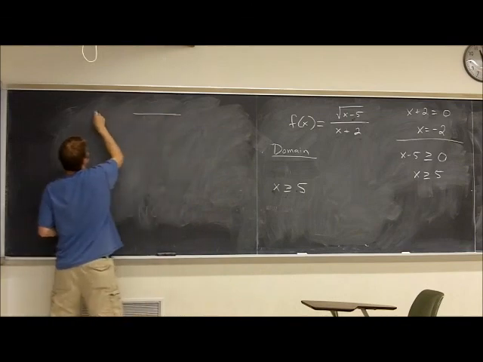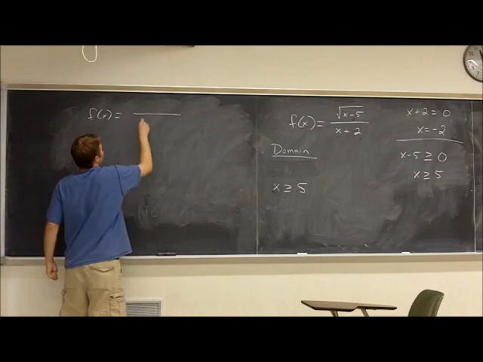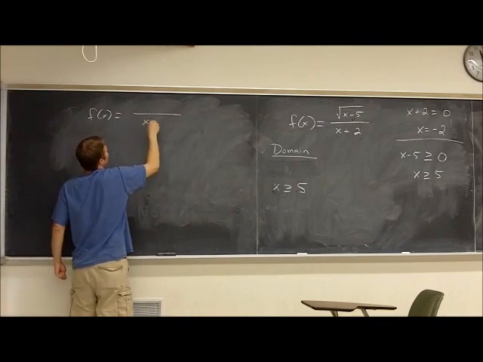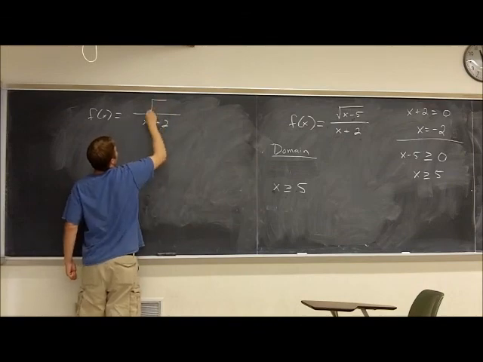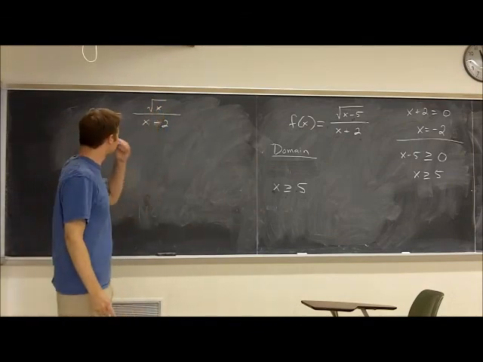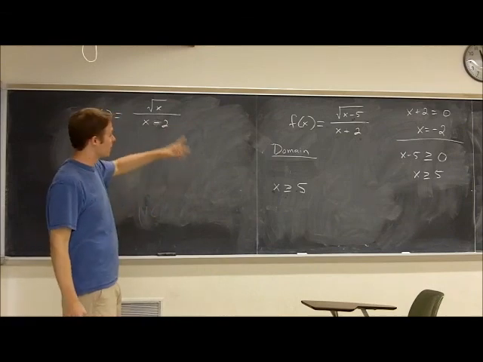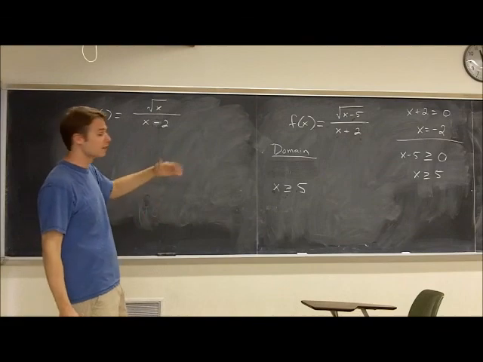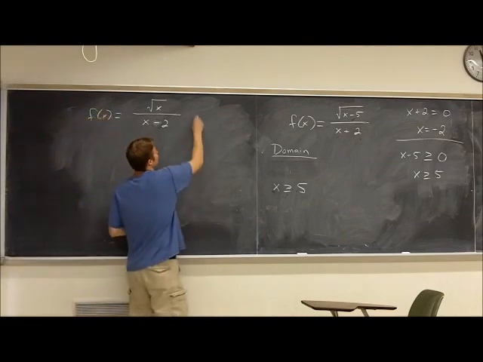So something like this, f of x is equal to the square root of x over x minus 2. Again, I have division and square root, so I have to worry about both division by 0 and taking the square root of a negative number. I'll worry about the division by 0 first.